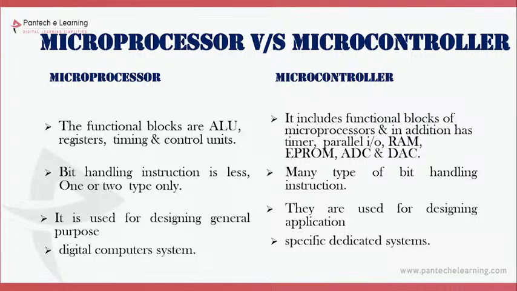Baud rate is one type of frequency from which the data from the software can be dumped to the hardware. By bit it will be transferred to the hardware. That comes under baud rate. Those things come under bit handling.